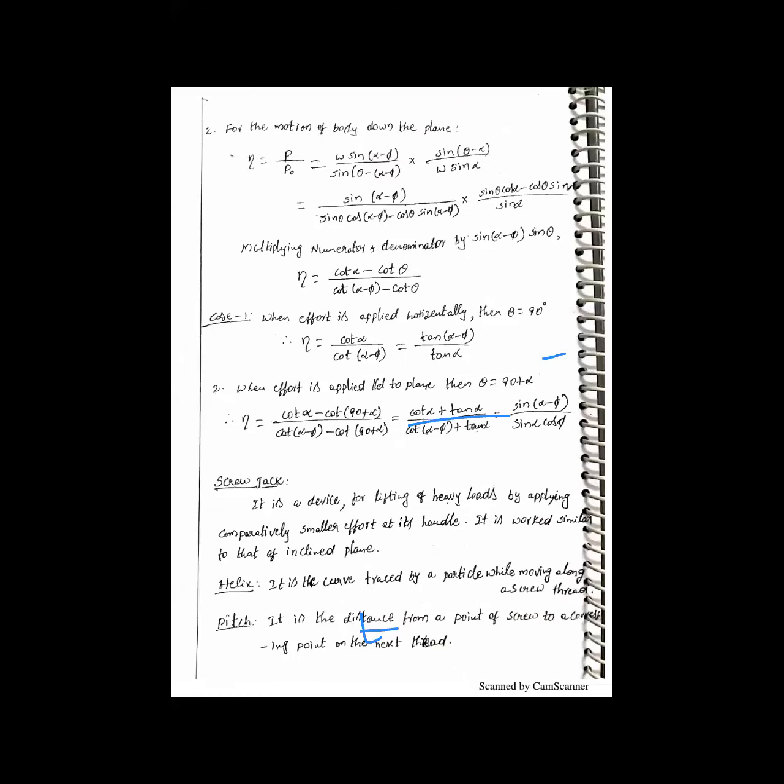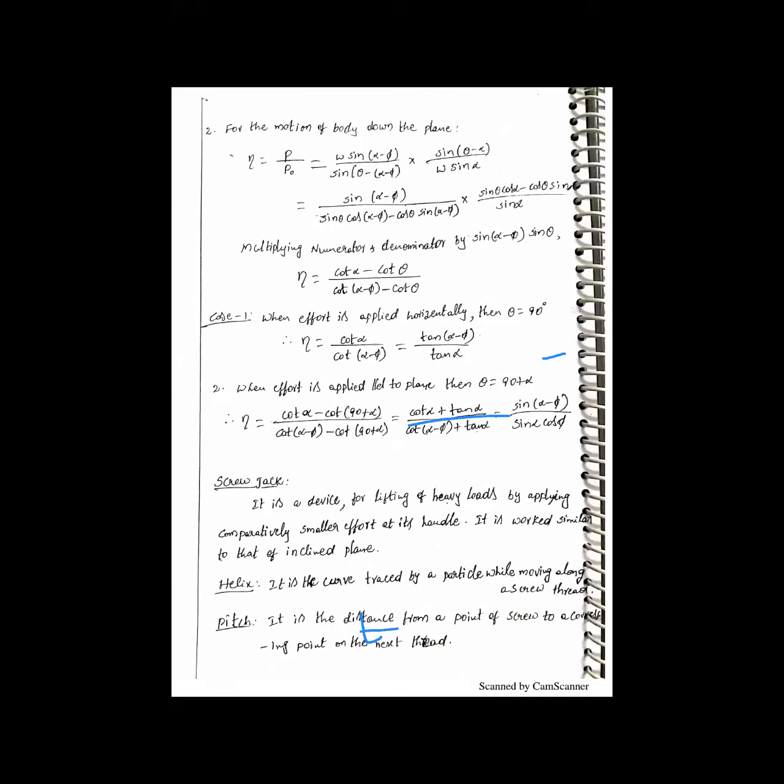Now taking the second case, motion down the plane. From the motion down the plane point of view, again we write the effort required, the minimum force required with friction and without friction, that is P by P naught.